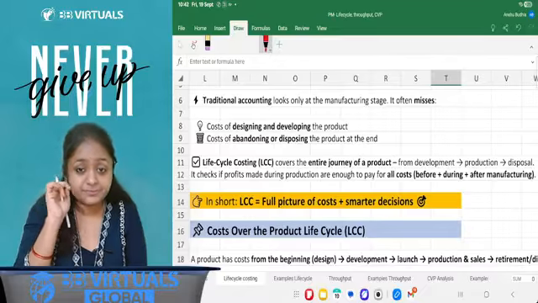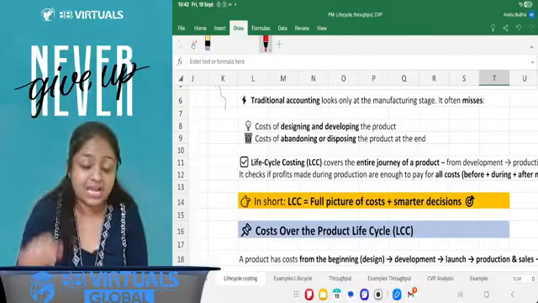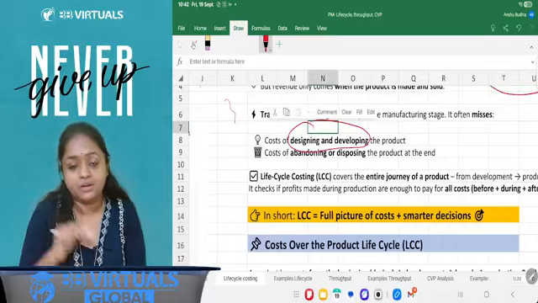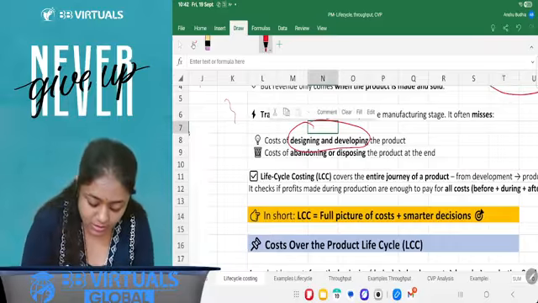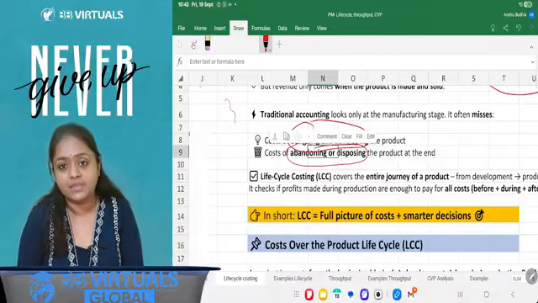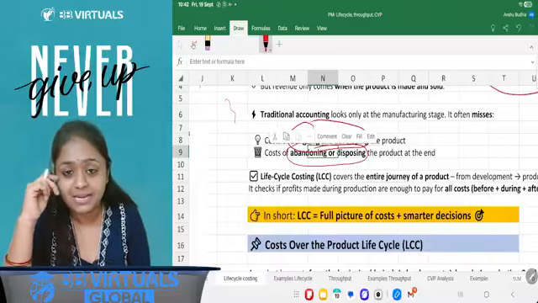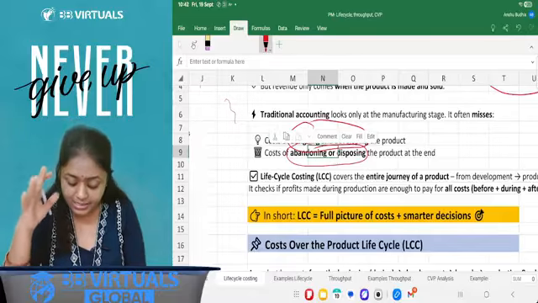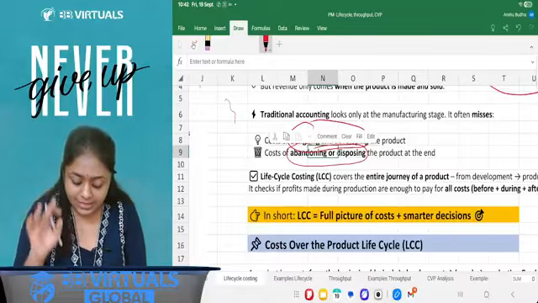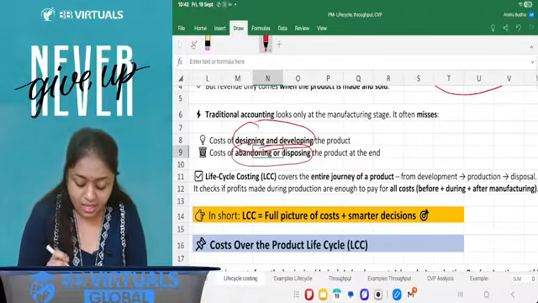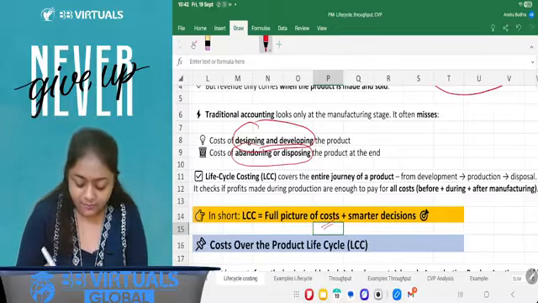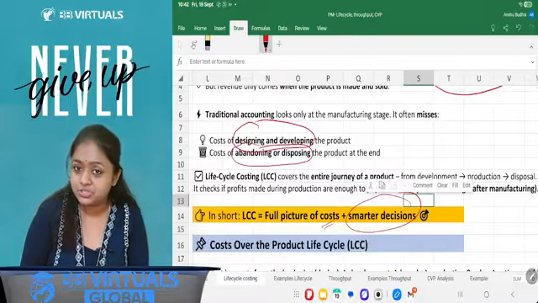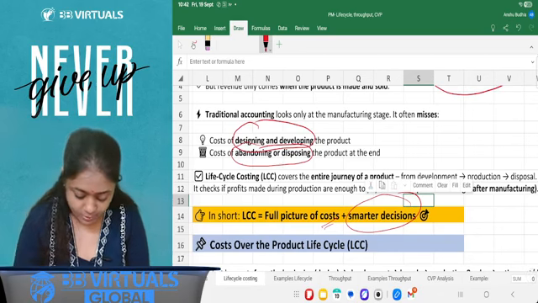Please see that in life cycle costing, unlike traditional costing where we don't take the designing and development cost of the product and we simply capitalize it, and we don't take the cost of abandoning and disposing of the asset, which we again simply capitalize to the cost of the asset, we will include these here. Remember it. So life cycle cost is basically taking the full picture of cost, and with this, we take smarter decisions: what pricing to take, what margins to keep, and what cost to take. Okay?